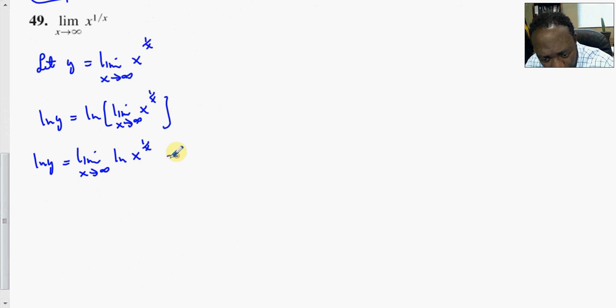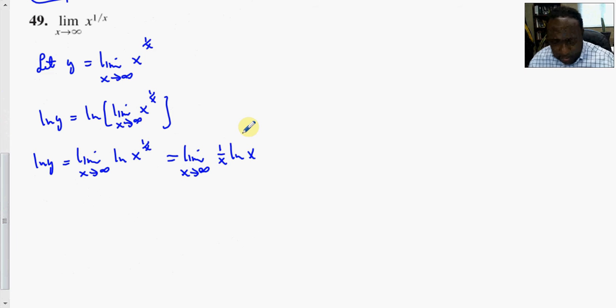Now we take this term. This is the limit as x goes to infinity, and you can write this as 1 over x times the natural log of x.